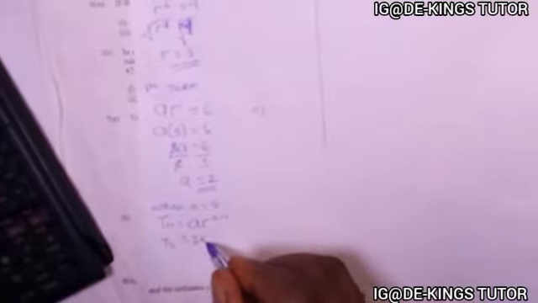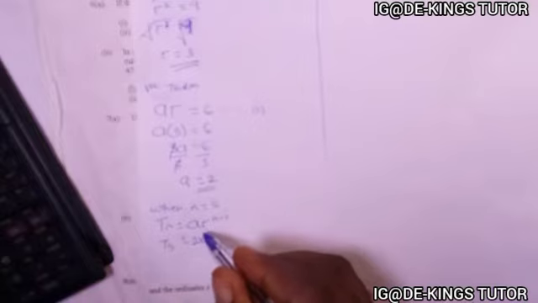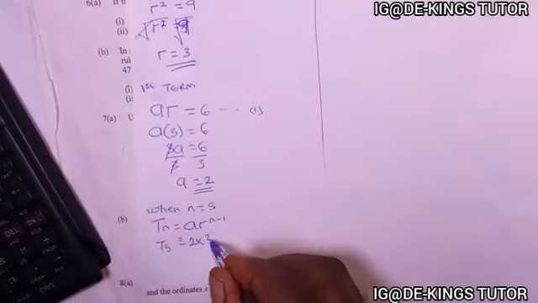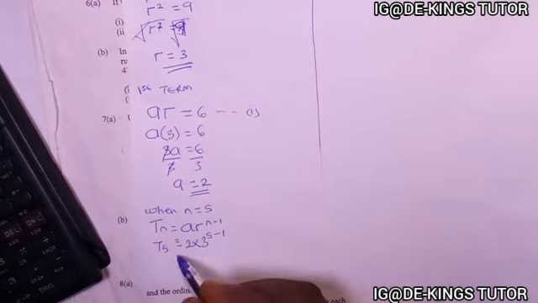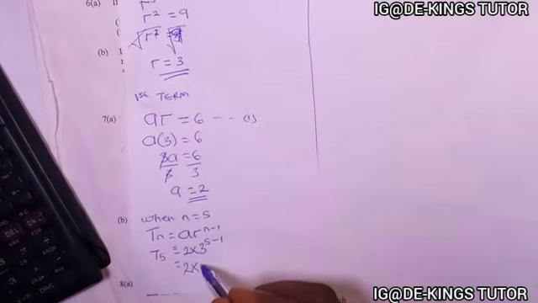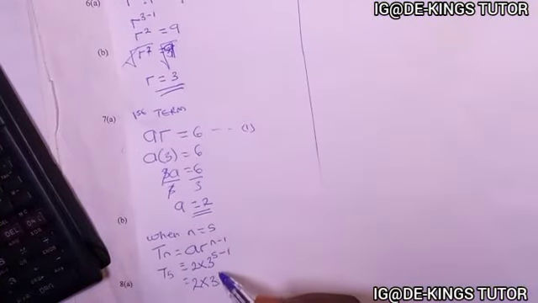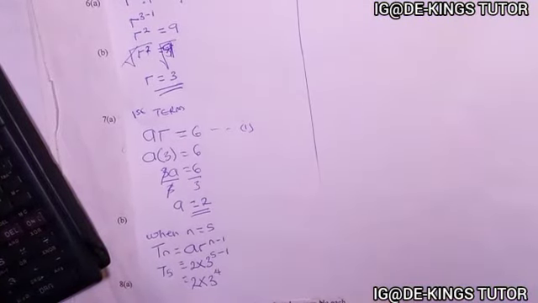So T5 equals A, which is 2, times R, which is 3, raised to 5 minus 1. 5 minus 1 is 4.